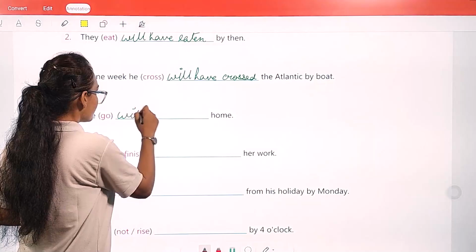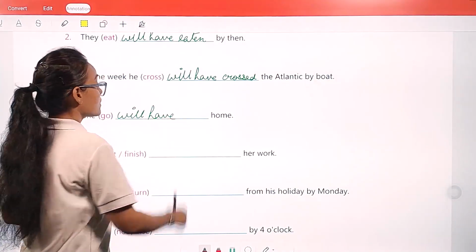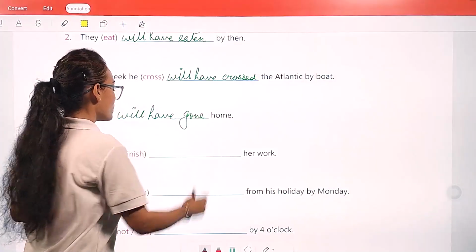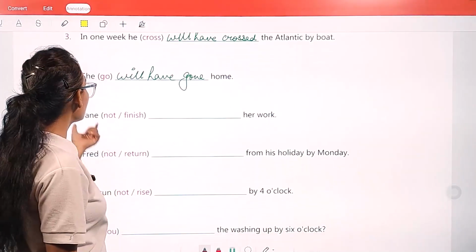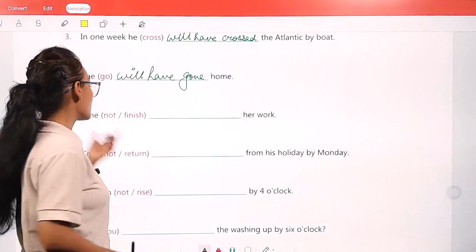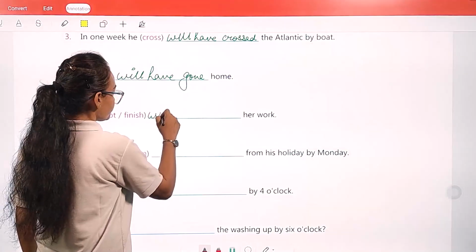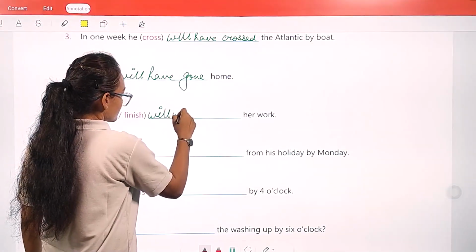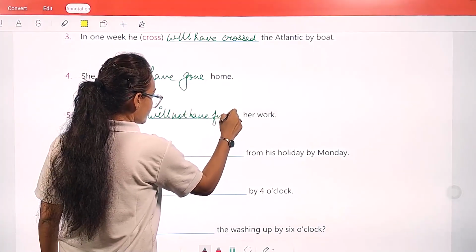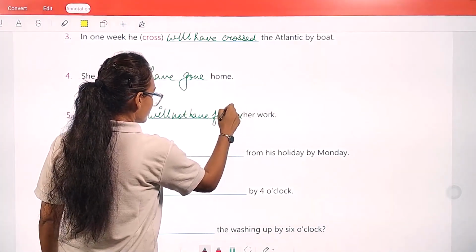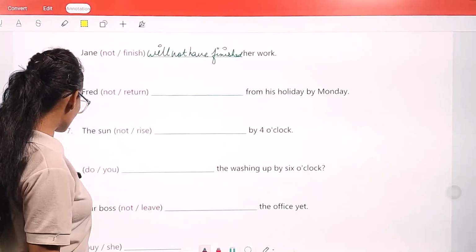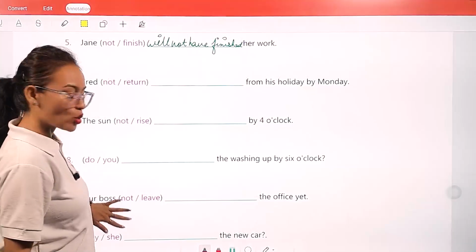She will have gone home. Similarly, fifth one: Jane not finish her work. Jane will not have finished her work. The rest, 6 to 10, you are going to do on your own.